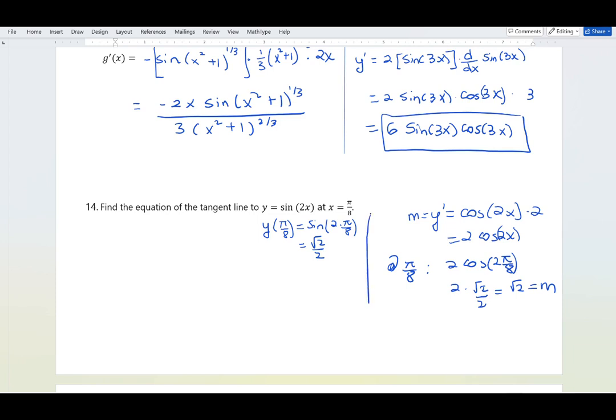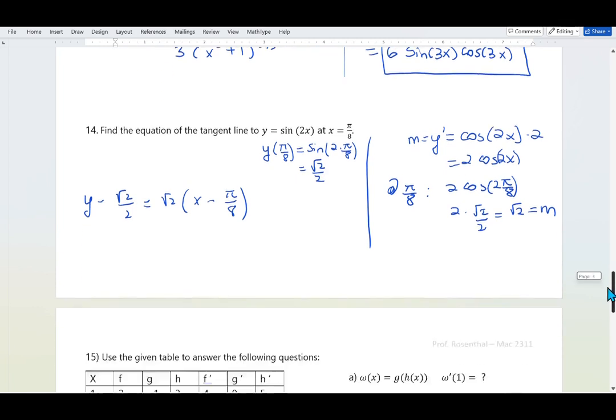And now we're ready to put it together. y minus the y-coordinate of our point equals the slope, which is root 2, times quantity x minus the x-coordinate, which is x minus pi over 8. So that's our equation. I'm not going to simplify right now, but you can always, if the question says, okay, leave it in y equals mx plus b form, it should be easy. Just multiply by root 2 on the right side and add root 2 over 2 to both sides.